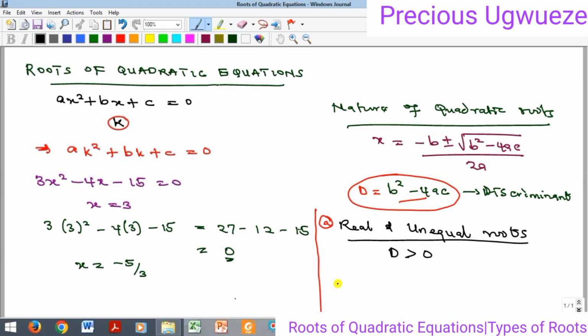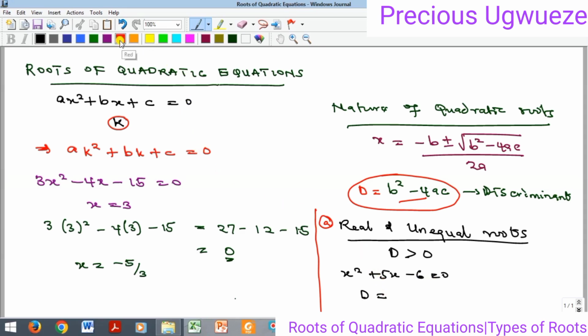An example is if you have something like x squared plus 5x minus 6 equal to 0. Of course, you can see that this is going to give us real and unequal roots, because here our a is 1. That means d is going to be, our b is 5.